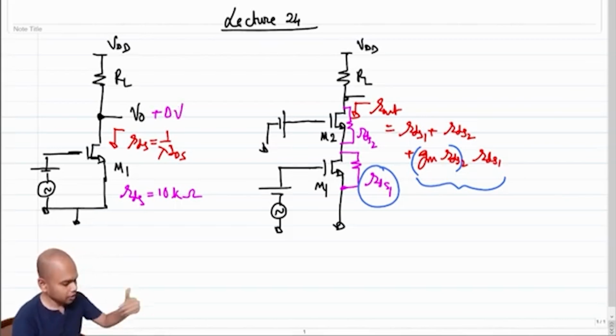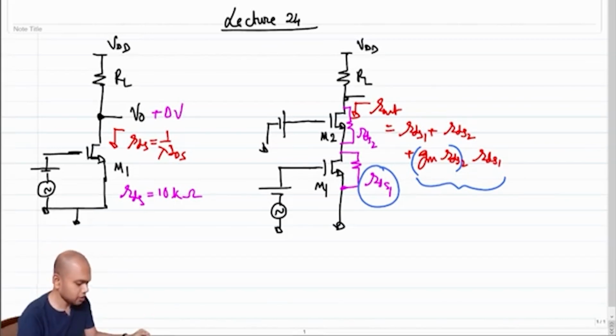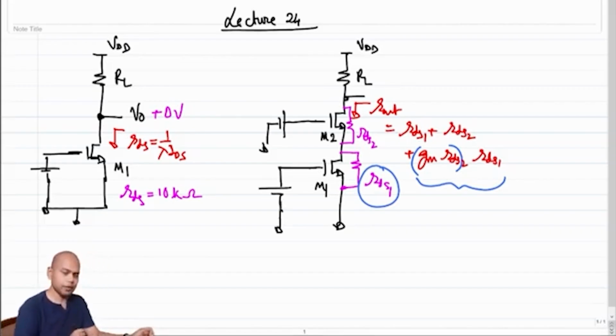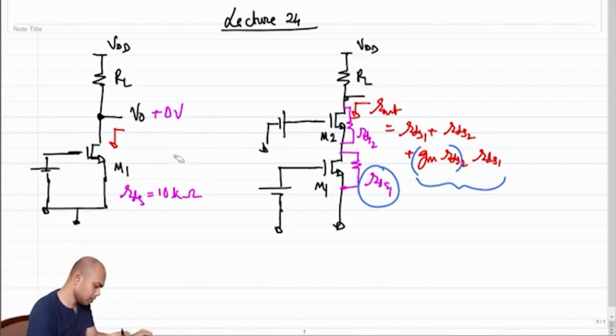How much do you think the current through M1 will change? For this case, since we are only concerned about the output impedance, let's short the incremental input. So let's assume that V0 goes from V0 to V0 plus delta V. How much has the current changed?